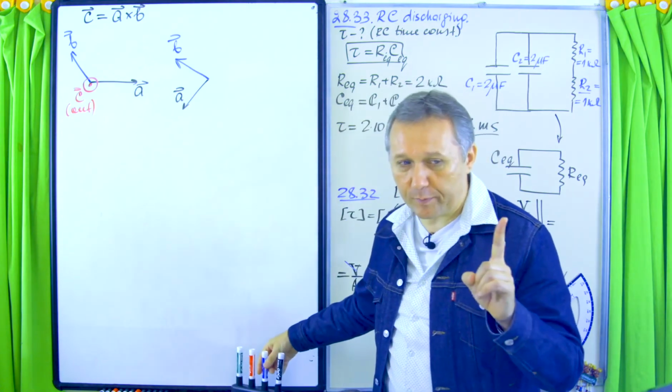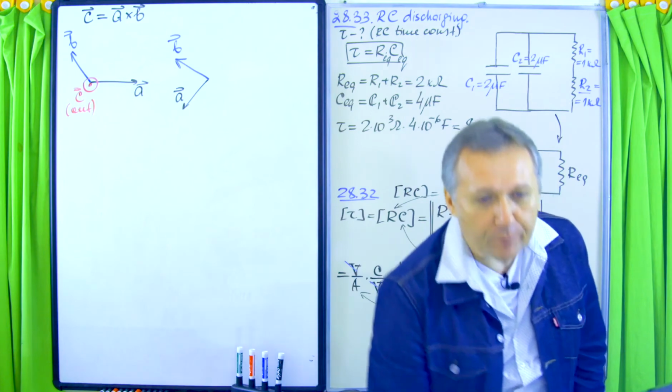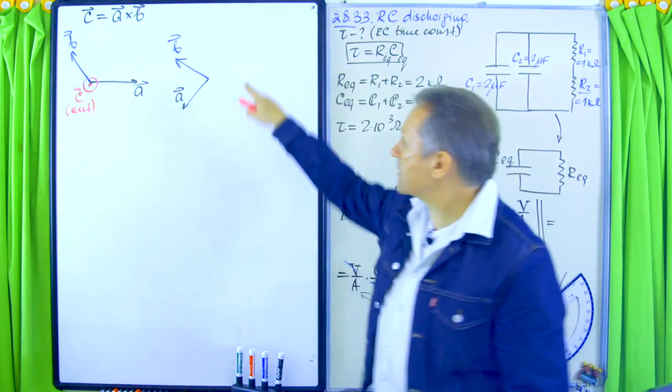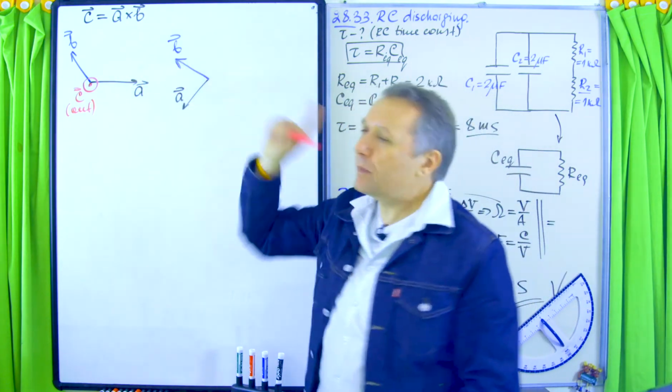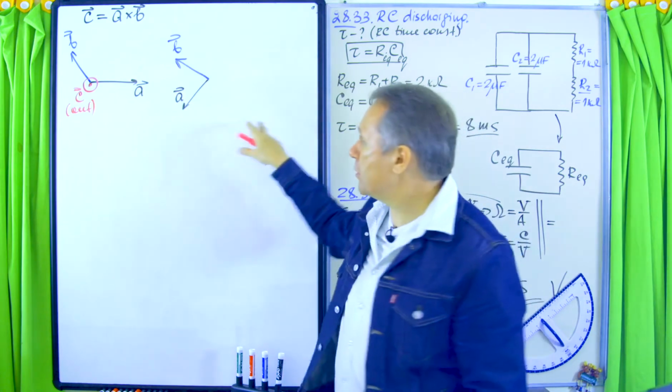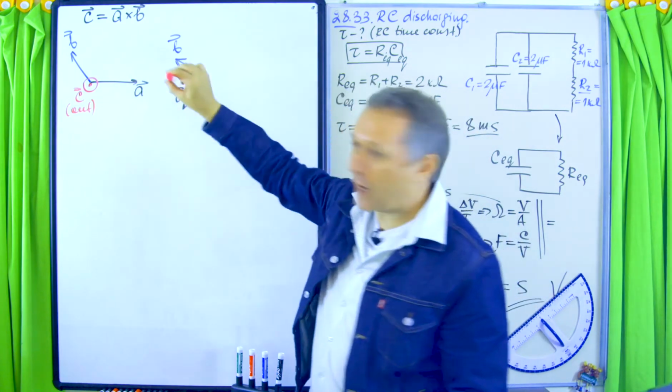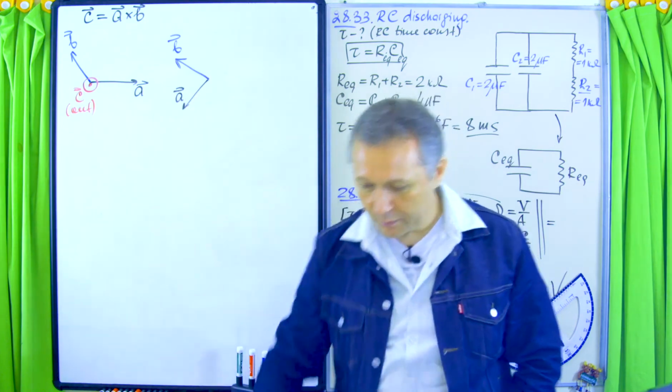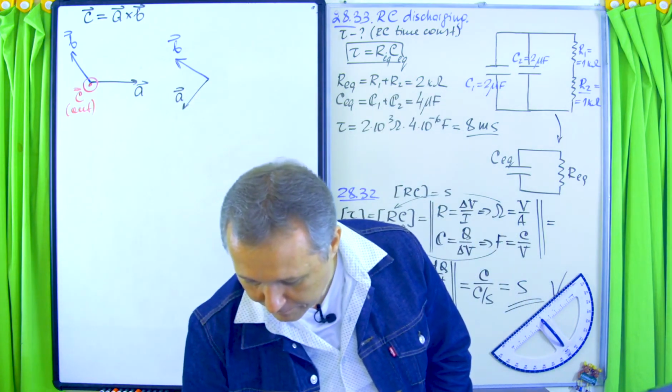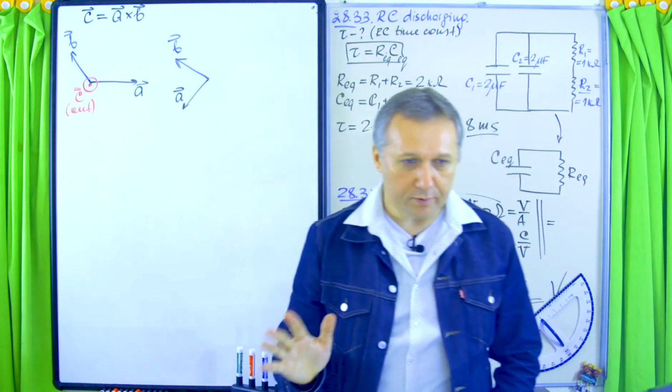Again, first of all, you need to remember vector C is perpendicular to both of them. So it must lie on this line, which is perpendicular to this plane. So it can be either out of the board or into the board, right? So there are only two options, right?